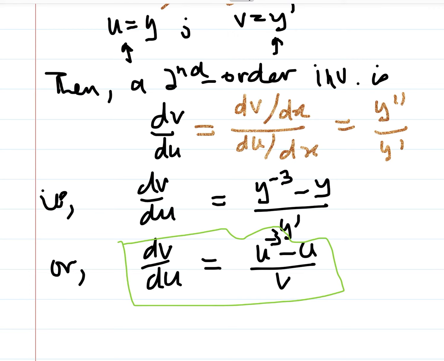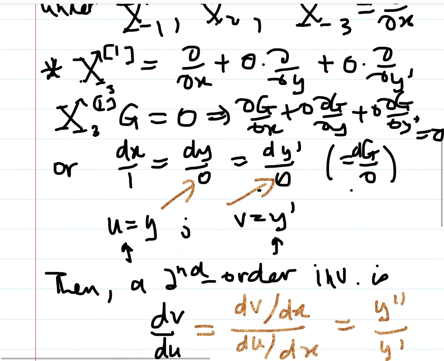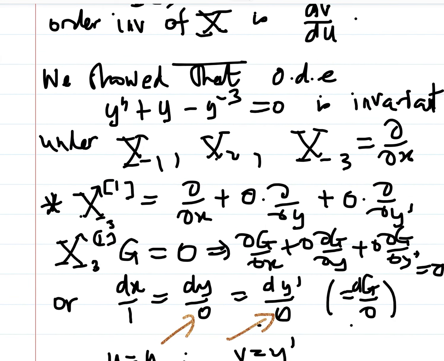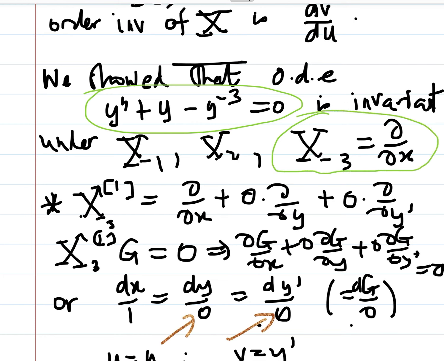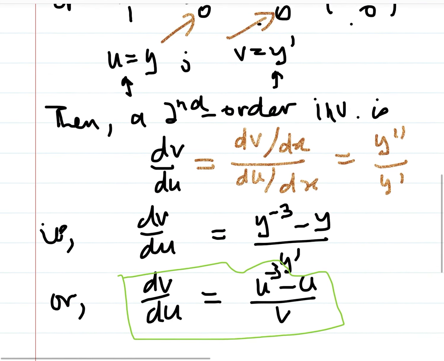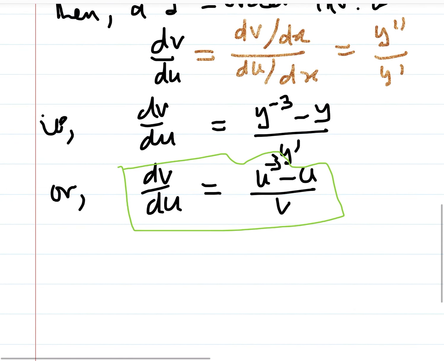So we've reduced our second order ordinary differential equation using one of the vector fields that leave it invariant, namely X3. We've reduced it, in terms of the invariants of X3, to this first order ordinary differential equation.